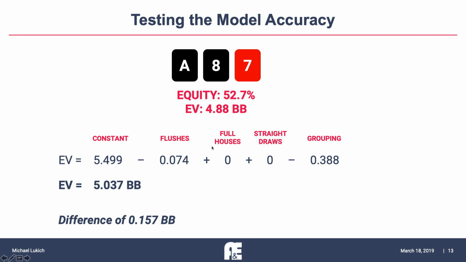This is our reference here, which is an unpaired board. There is an open-ended straight draw present. Again, that was our reference, so that's 0. And this is an ace medium flop, which in this case is worth minus 0.388 big blinds. So our predicted EV using our regression model is 5.037 big blinds. It's a difference of 0.157 big blinds, but in this case it's close enough.